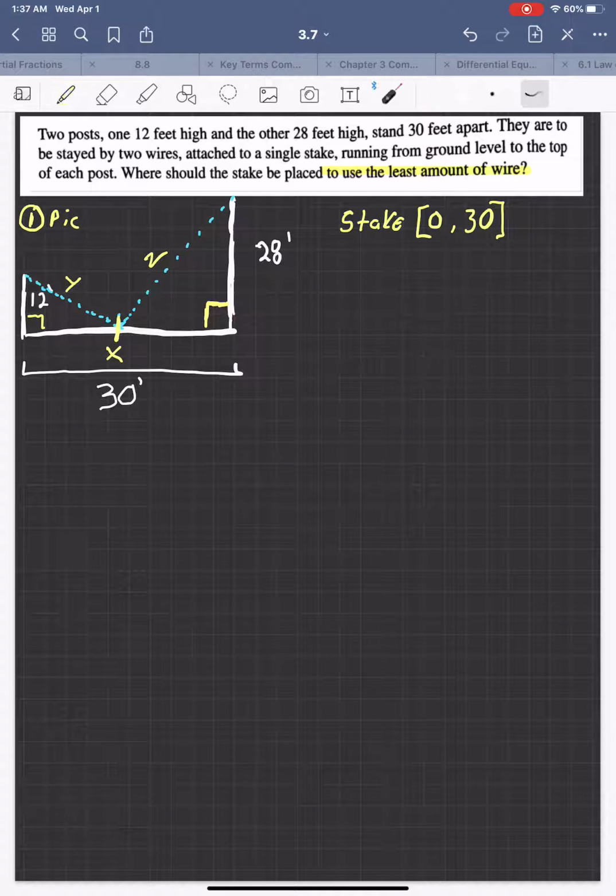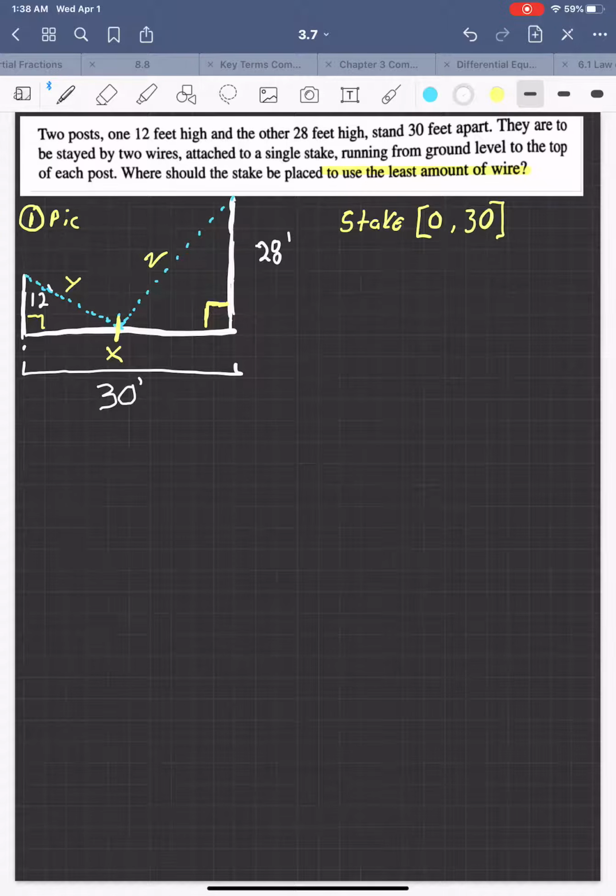So now my question to you, and I'll answer this in just a second, is: if we make the stake x, then what is the distance from here to here? And what is the distance from here to here? How would we label that? I'll answer that for you in just a second. Ready?